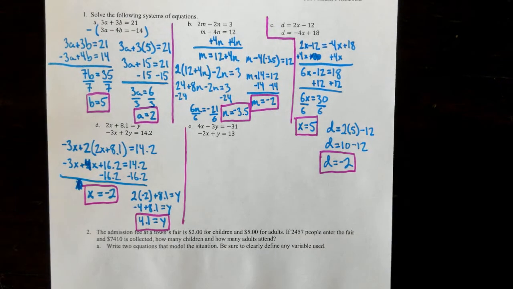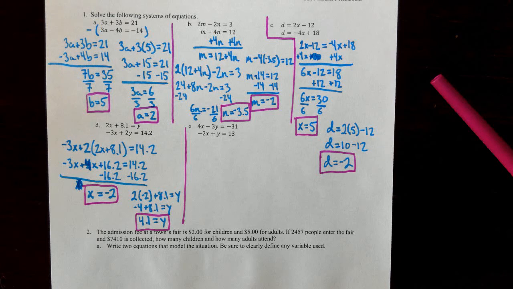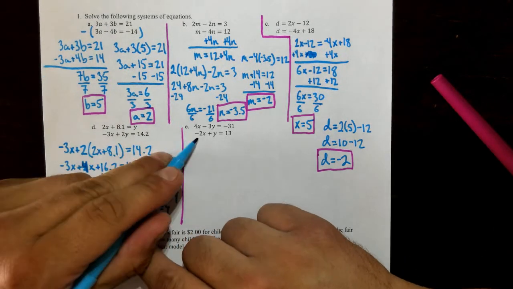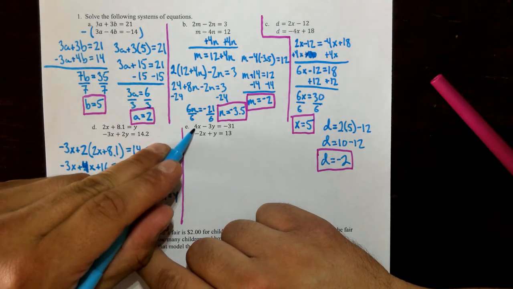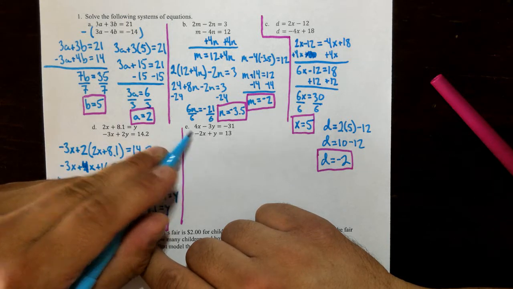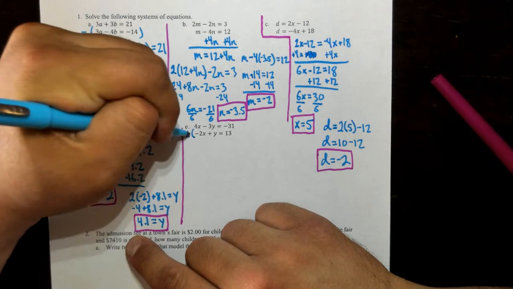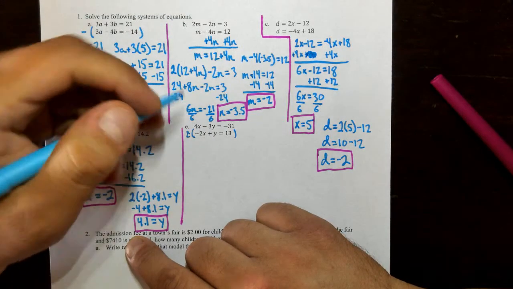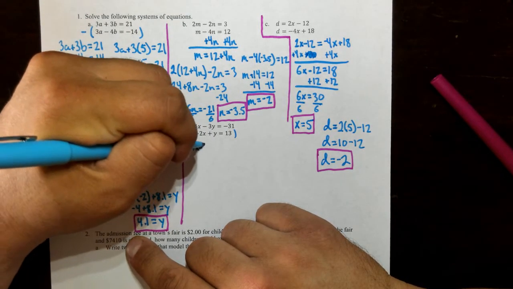And then finally looking at E, we'll just do another elimination just because we've only done one so far. So here I see that if I multiply my second equation by 2, then my x's will cancel out. My first one stays the same. I'm not doing anything to that.